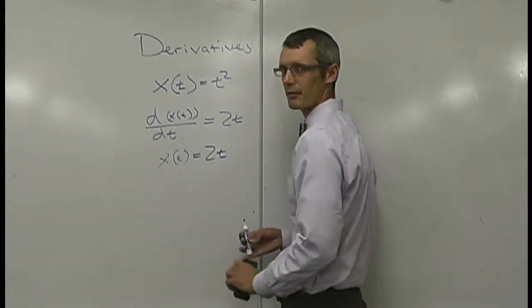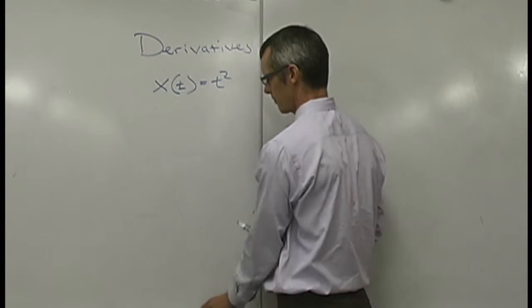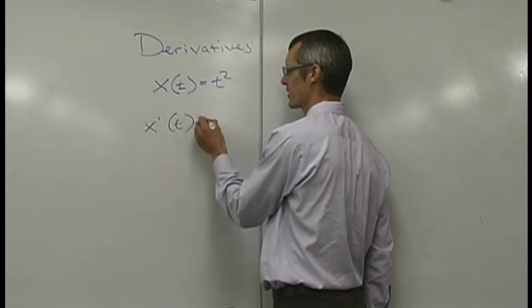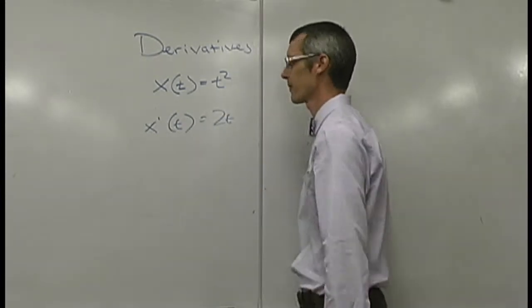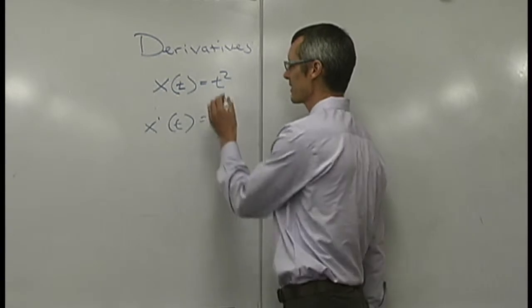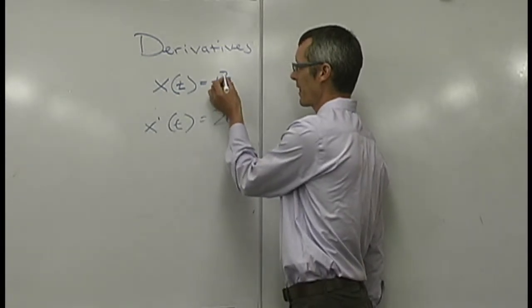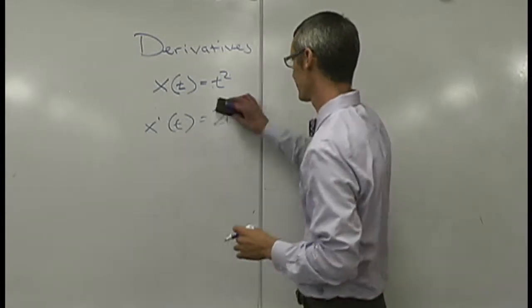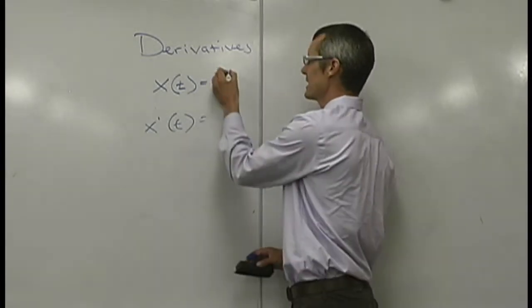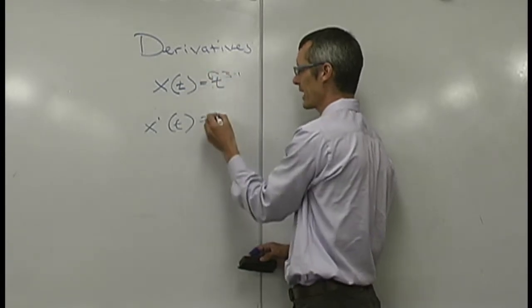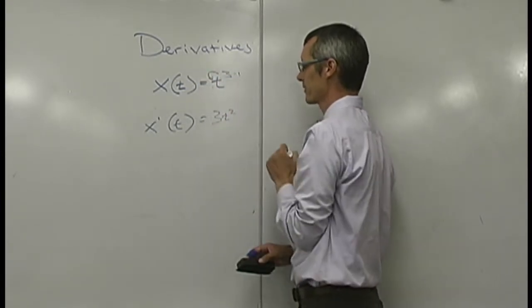Now let's look at several different functions. If x of t is t squared, x prime of t is 2t. And here's the basic rule we're going to use for simple functions like this. If it's t squared, then I take the 2, I move it down here, and I subtract 1, and I get 2t. If it's t cubed, I take the 3, I move the 3 down here, I subtract 1, and I get 3t squared.